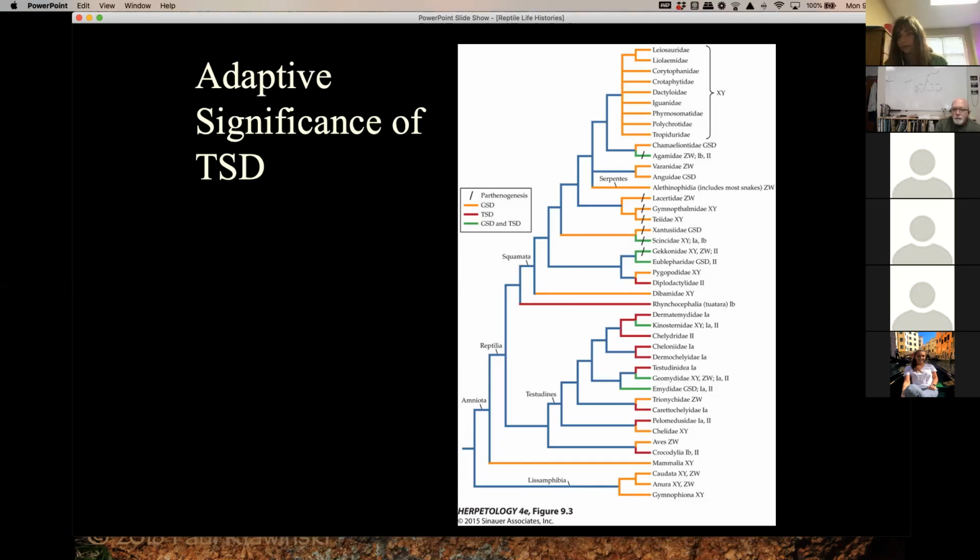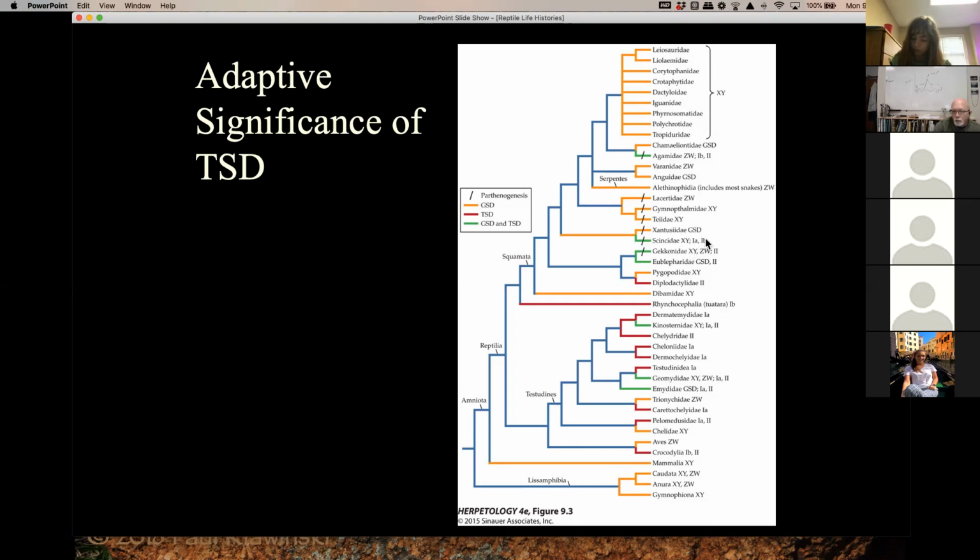You will notice in this figure that temperature-dependent sex determination tends to be found in species that are relatively long-lived. So you see it in the crocodiles, you see it in all of the turtles, you see it in some of the skink species.